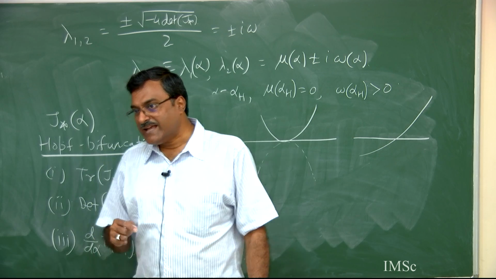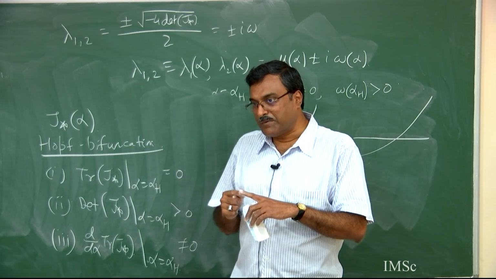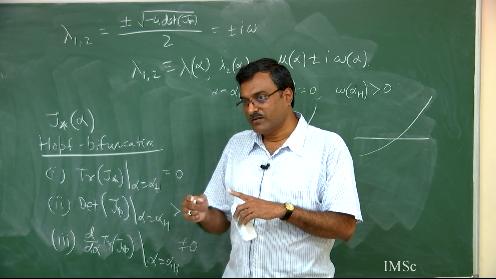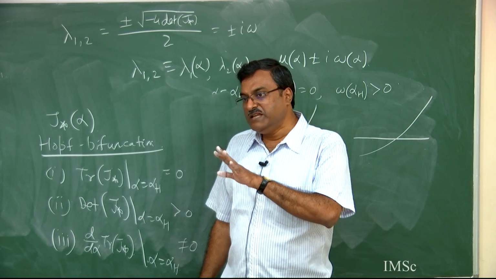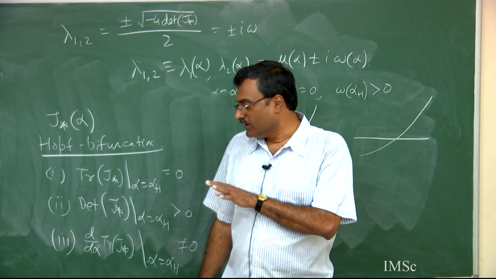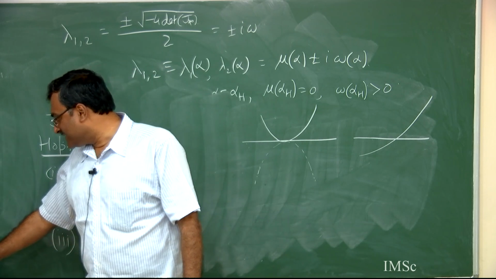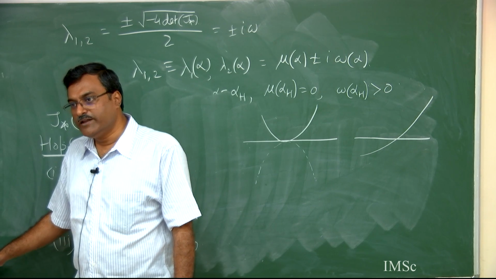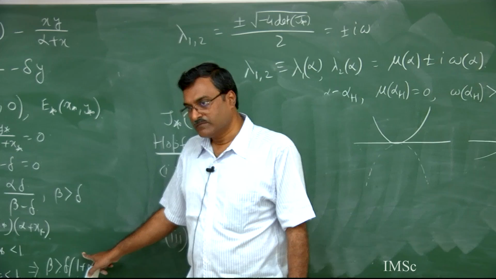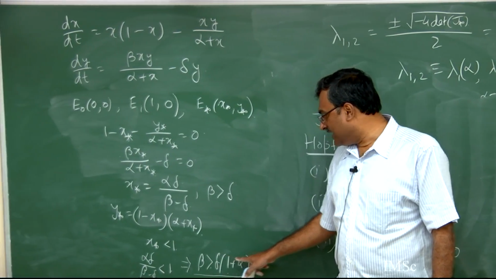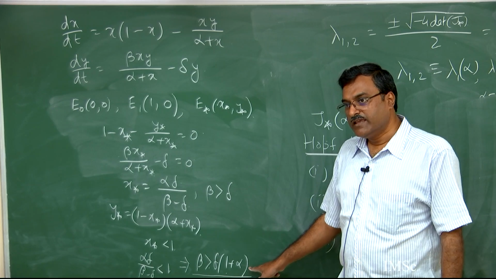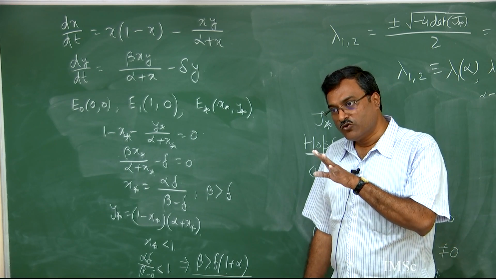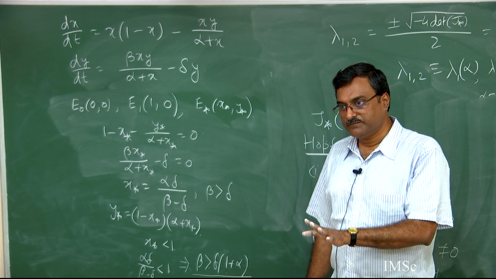So, if we try to summarize all the results: if beta is less than delta into 1 plus alpha, then the predator population will go to extinction. Then for beta greater than delta into 1 plus alpha, you have a coexisting equilibrium point.